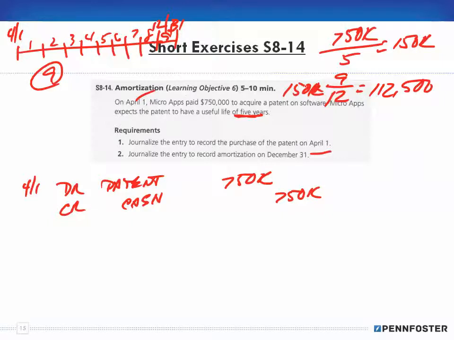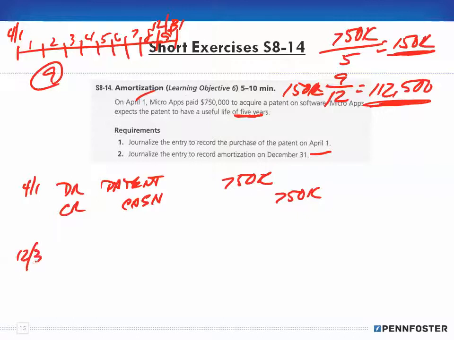I'm sorry, that's for the 9-month period, because it's only 150,000 per year, not per month. So that's for the entire 9-month period.